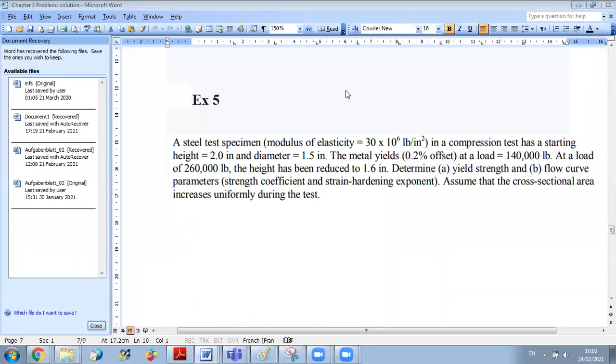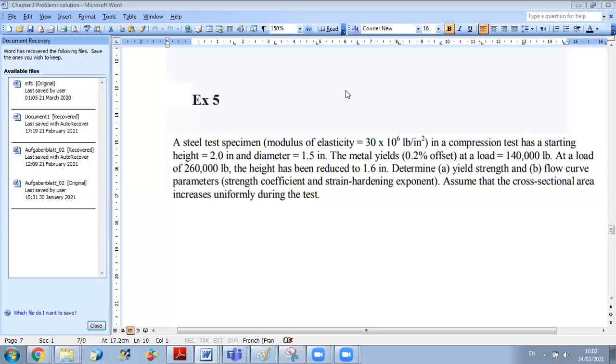Okay. So we have a steel test specimen of modulus of elasticity 30 times 10 to the power 6 lb per inch square that is undergoing a compression test and has a starting height of 2 inch and diameter of 1.5 inch. The metal yields at a load of 140,000 lb, given that the yield is determined based on the 0.2% offset method.